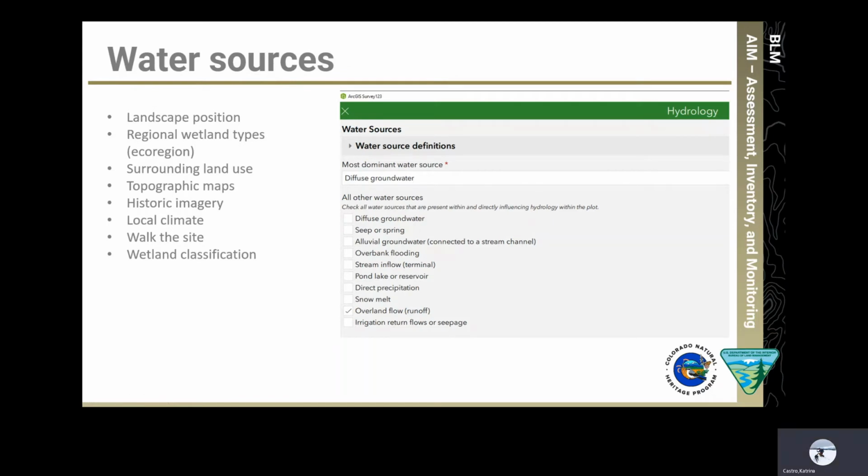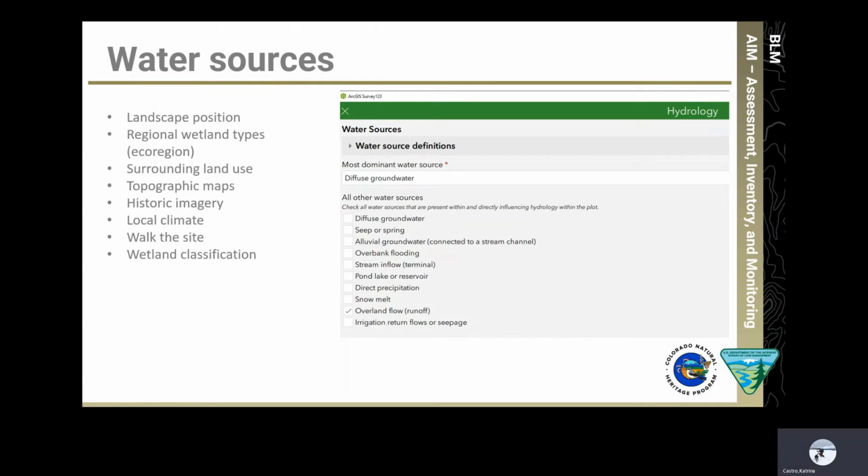At every Lentic AIM site, you will determine a dominant water source and record any additional sources when applicable. When determining the primary water source of a monitoring plot, it is important to take into account the following: landscape position and watershed setting, regional wetland types, surrounding land use, topographic maps, historic imagery, and local climate data.